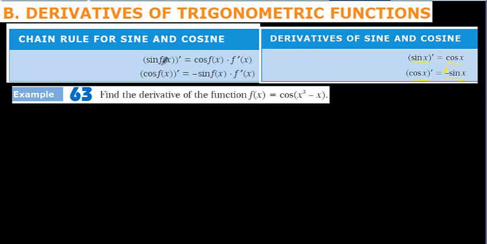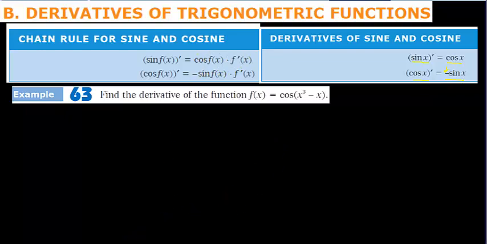And if there is a function inside the sine, sine of f(x) derivative is going to be cosine f(x) times f derivative x. So the extra part here is the derivative of the inner function. Like in the cosine x derivative is equal to minus sine x, here it is equal to minus sine f(x) times f derivative x.